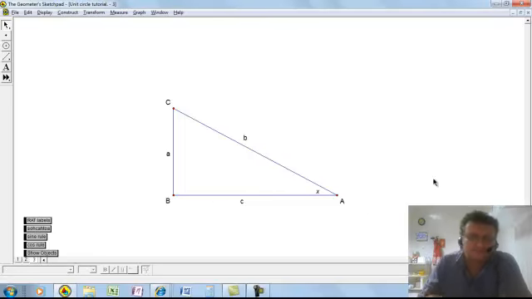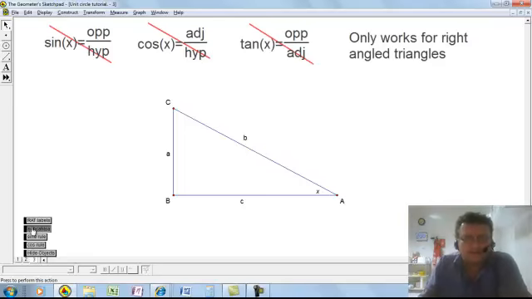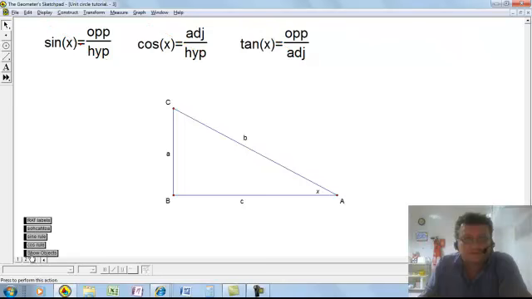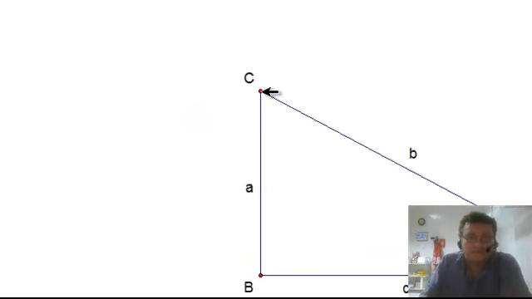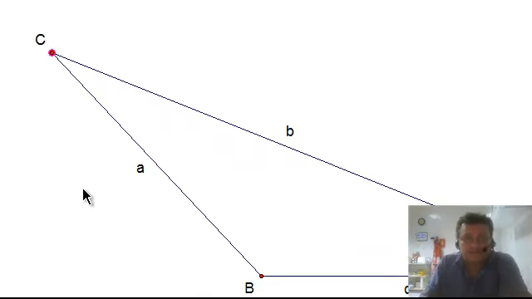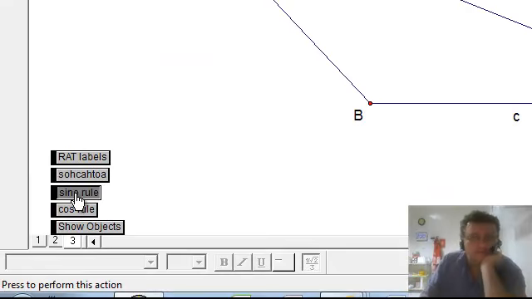So we came across slightly different definitions. So when we had this stuff, this only works for right angle triangles. And so now, when we move that, and suddenly we don't have right angle triangles, we can use these new rules.